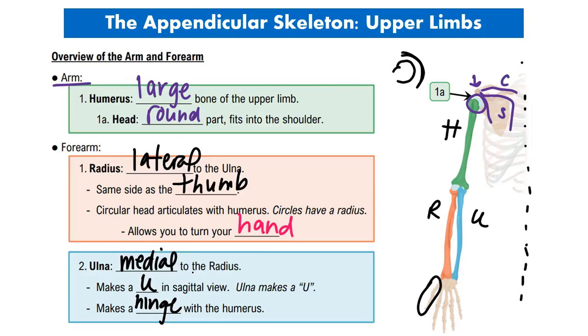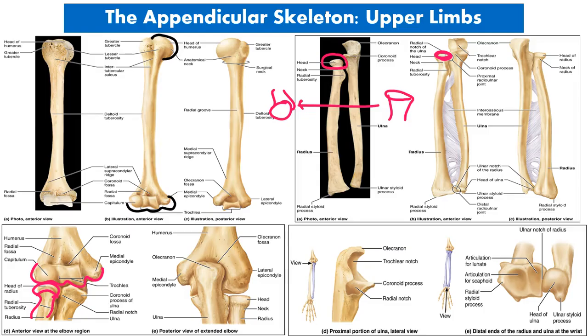Okay? Remember we said the ulna makes a U, so if you were to hold an ulna bone in your hand, you'll see at the posterior end you will have a U shape. You kind of have that U shape here, and we can also see that U shape here as well. So just keep that in mind.